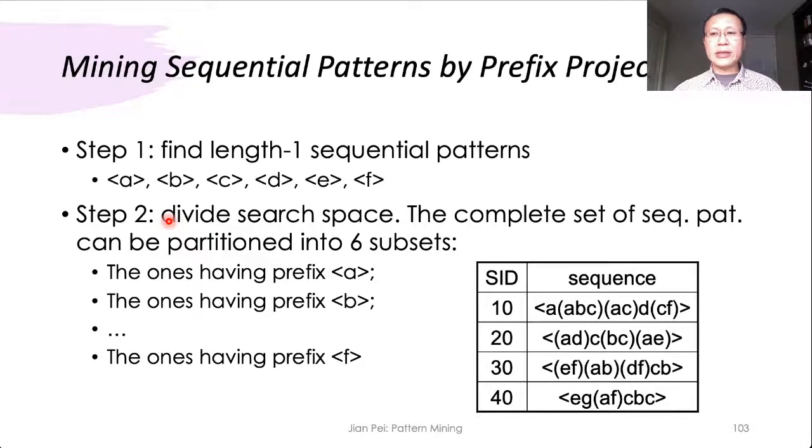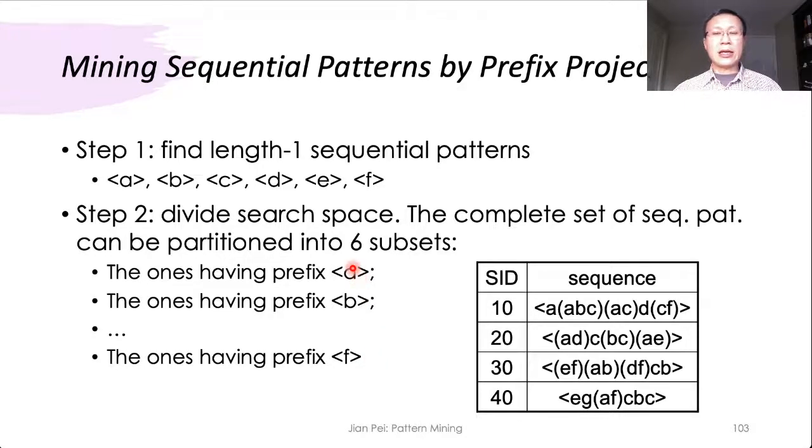The complete set of sequential patterns can be partitioned into 6 subsets because we have 6 frequent length-1 patterns. The first subset is all those patterns having prefix a. The second is all those patterns having prefix b, and so on. The last one is the ones having prefix f.